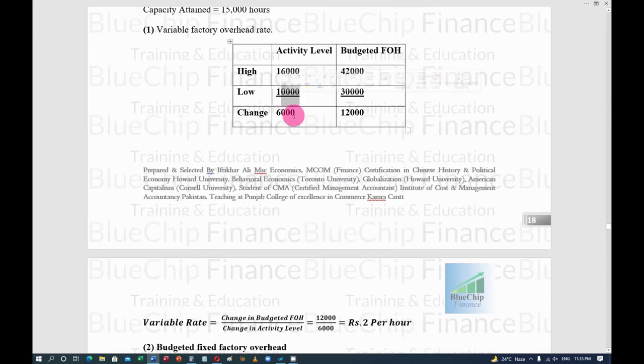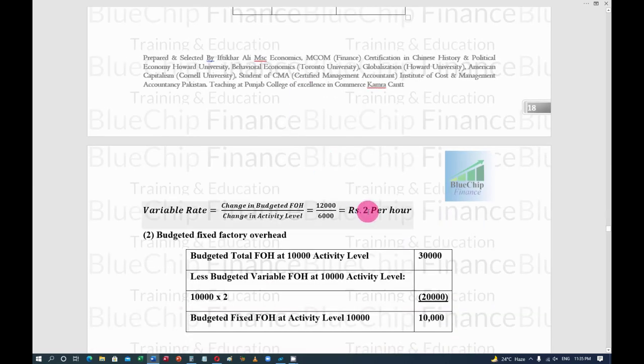So 10,000 activity level multiplied by rupees 2 is 20,000, that is variable budgeted FOH. So total minus variable budgeted FOH equals budgeted fixed FOH. So budgeted fixed FOH at activity level 10,000 is equivalent to 10,000.